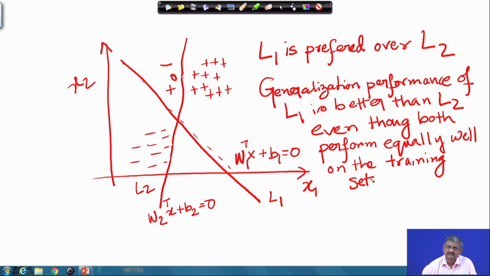Even though on the training set they are equal, on a test set L1, the middle one, is better.